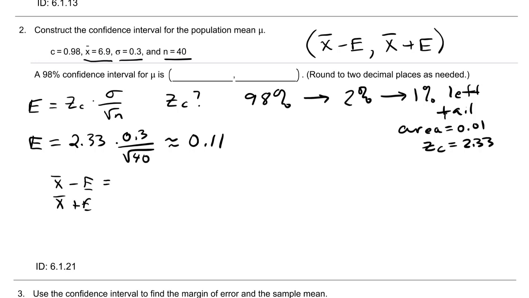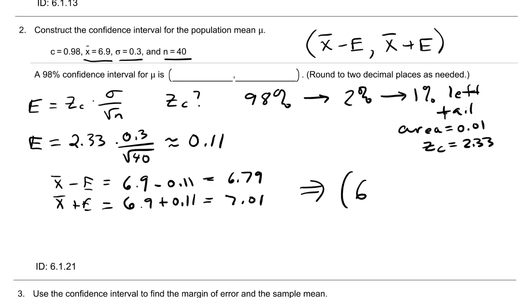So x bar was 6.9 minus 0.11, which would give us 6.79, and x bar plus e would be 6.9 plus 0.11, which would give us 7.01, and that gives us our interval from 6.79 to 7.01.